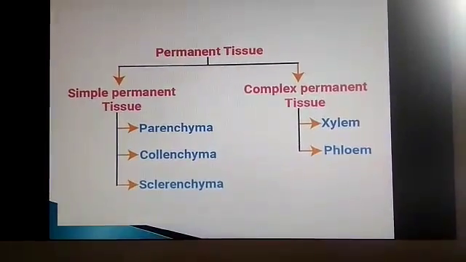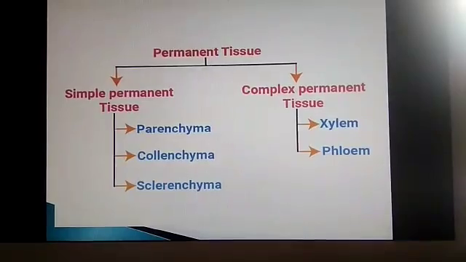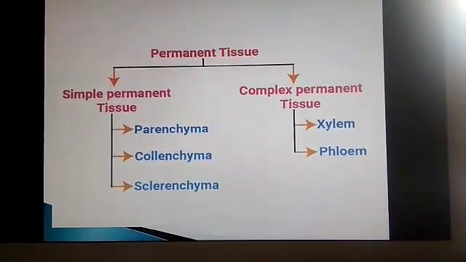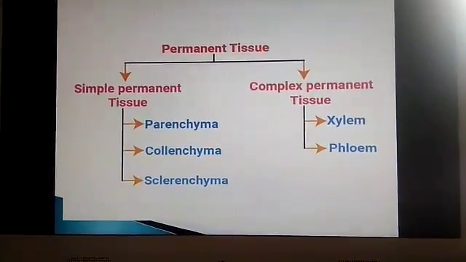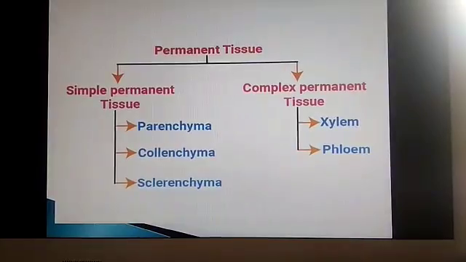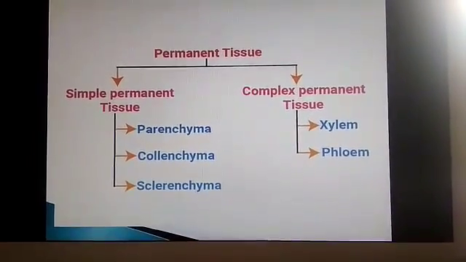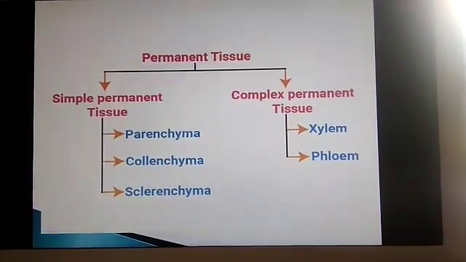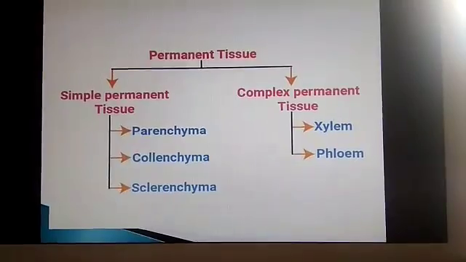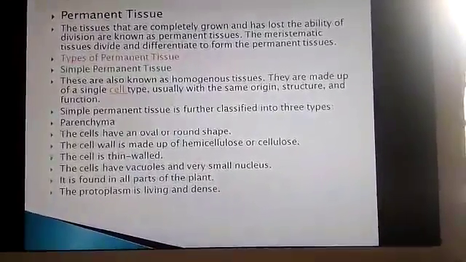And next come the permanent tissues. Permanent tissues, as we discussed, are divided into simple permanent tissue and complex permanent tissue. Simple permanent tissue is divided into parenchyma, collenchyma and sclerenchyma. And complex permanent tissue is divided into xylem and phloem. So what is permanent tissue?